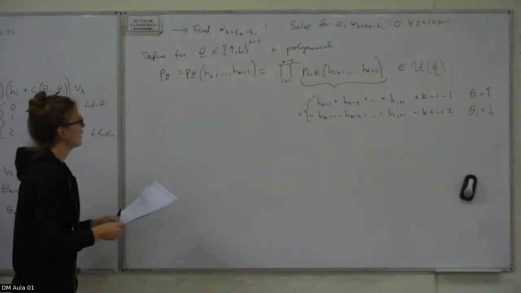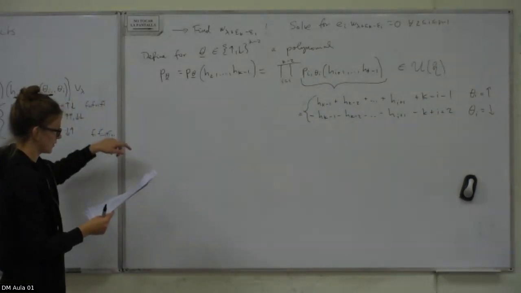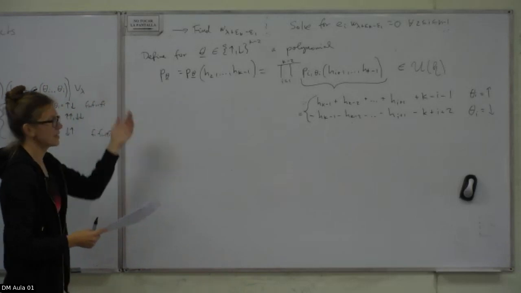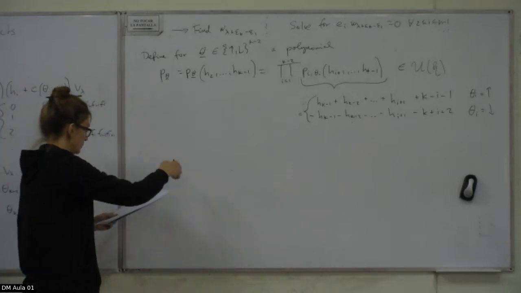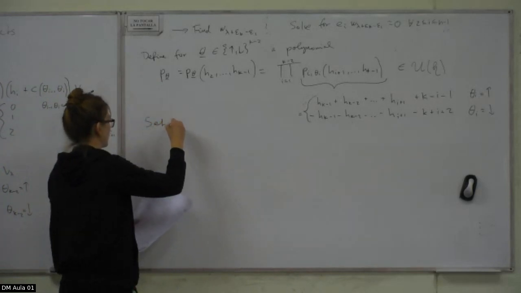So these polynomials are made in such a way so that now we're very close.